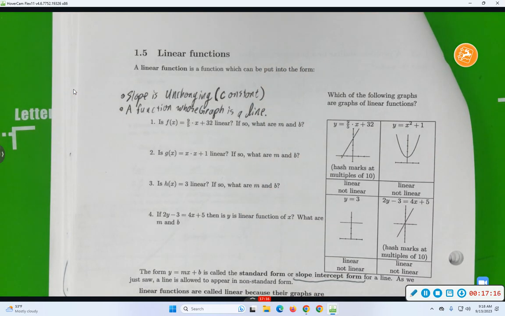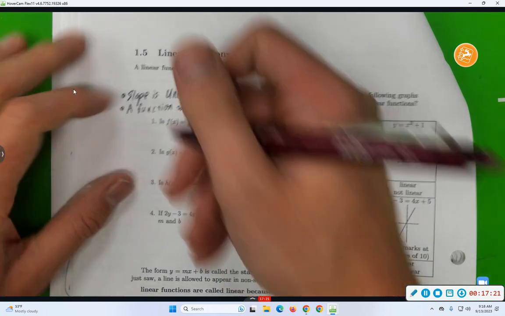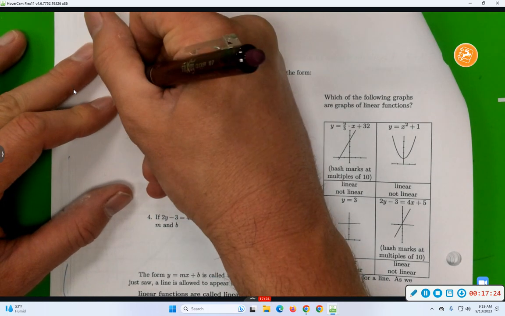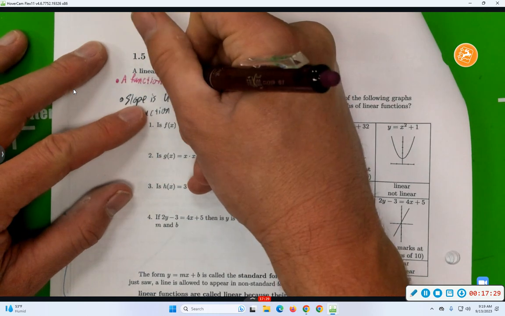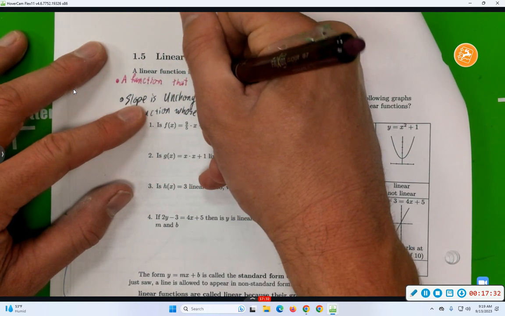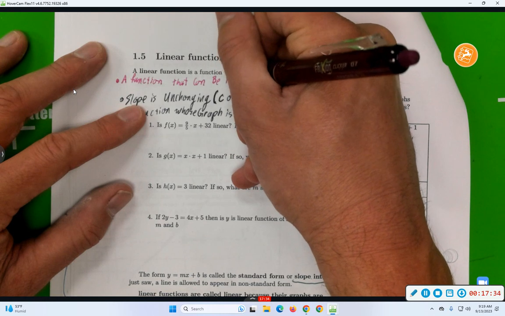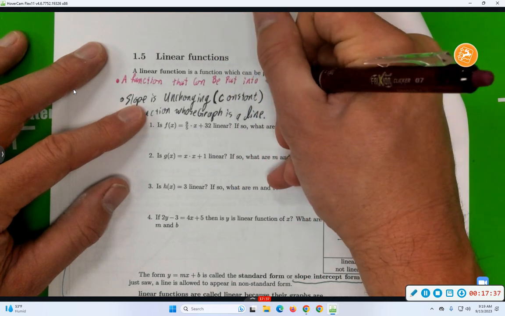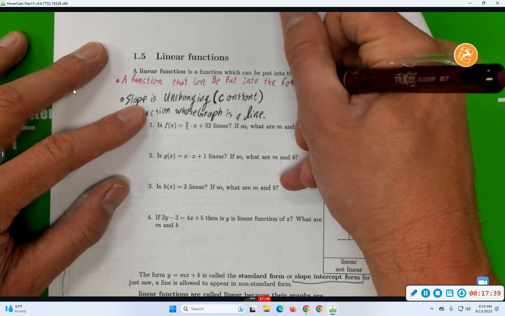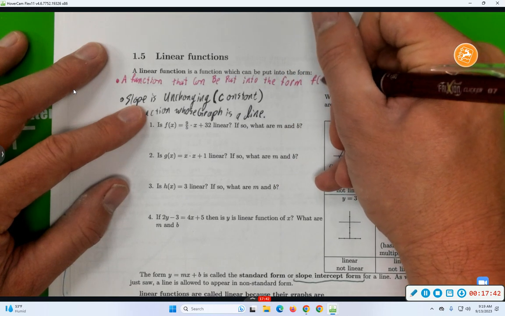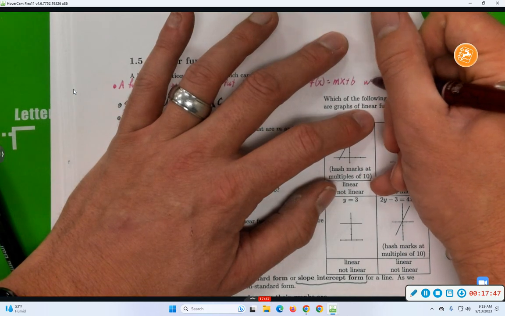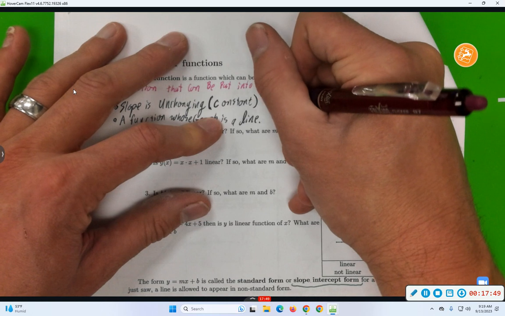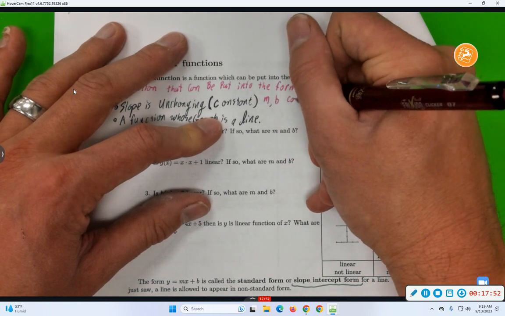Nice. So here's the definition of algebra, which is the same as those two. So if those two are the ones you want to keep in mind, that's fine. A function that can be put into the form f of x equals mx plus b with m and b constant.